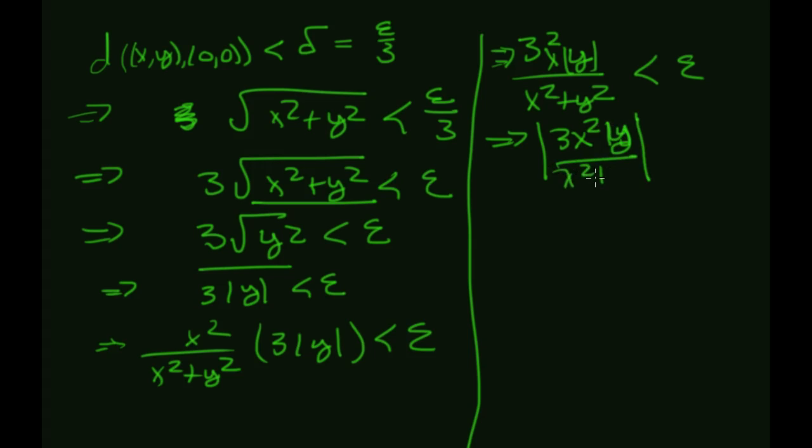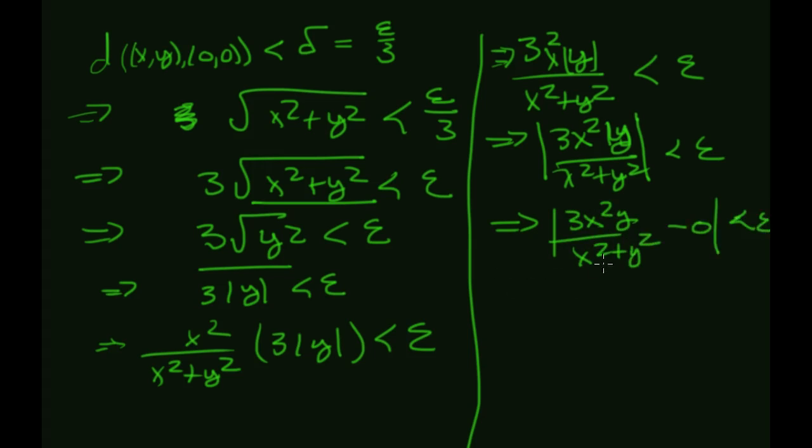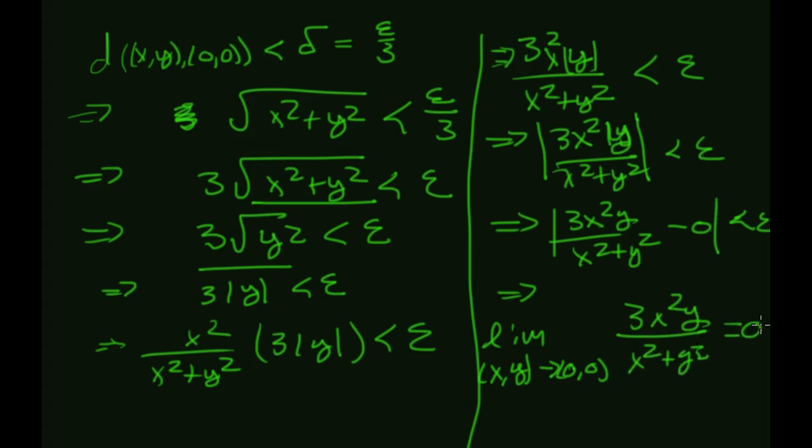It is less than epsilon, which means that 3x squared y over x squared plus y squared minus 0 is less than epsilon, which means ultimately, the limit as x, y approaches 0, 0 of 3x squared y over x squared plus y squared must be 0. Huzzah! We've proven that the limit exists, and we know that the limit is 0.